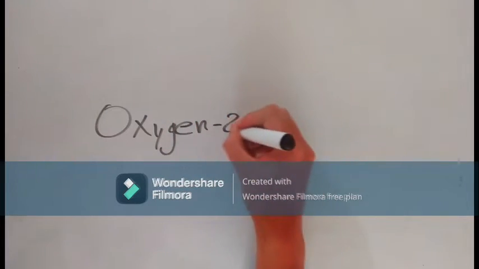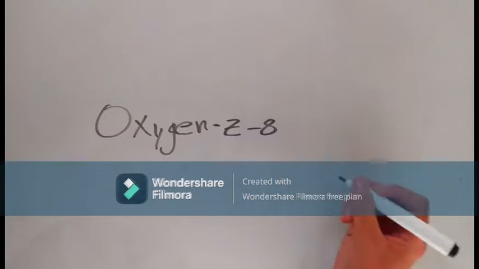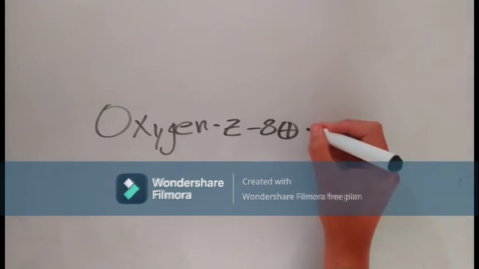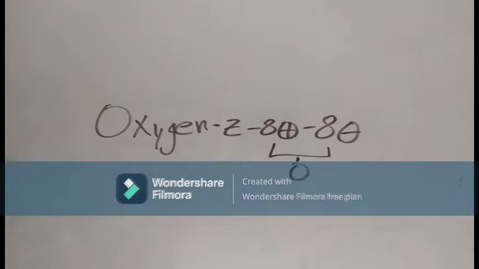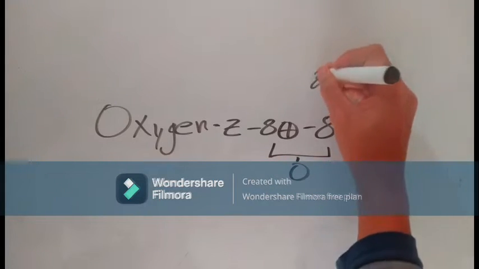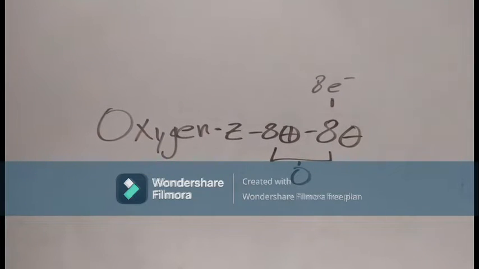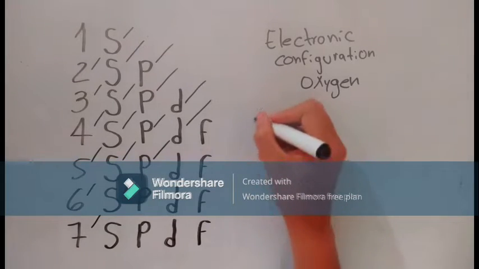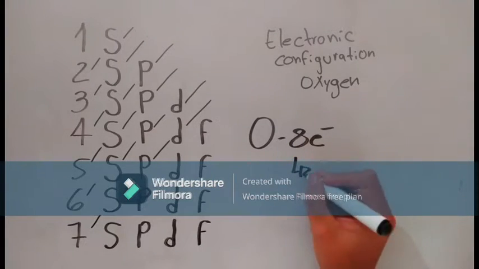According to the periodic table, oxygen has atomic number 8, which means it has 8 protons, and for the sum of the charges to be 0, we require a negative charge of 8 electrons. This is the number of electrons the oxygen has.